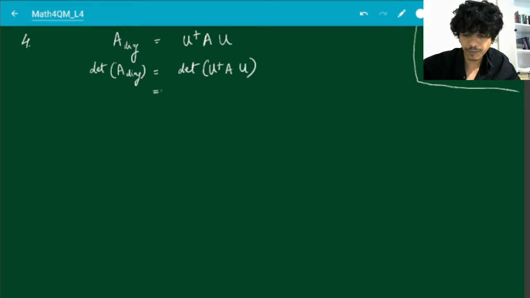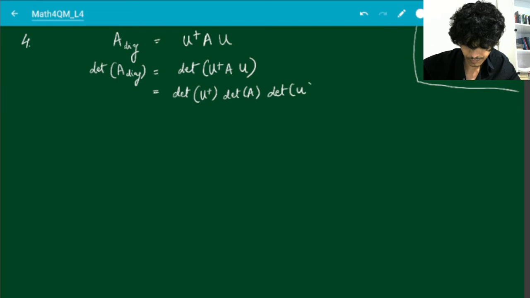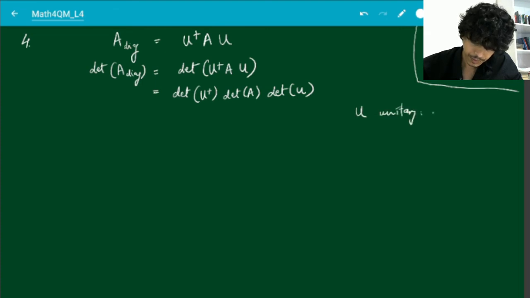But the determinant of a product of matrices is just the product of their determinants. And because U is unitary, U adjoint is U inverse.